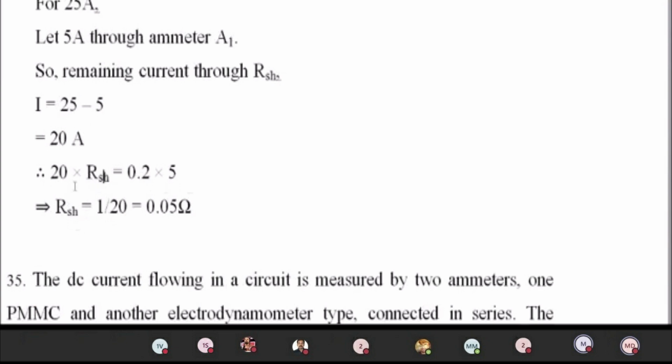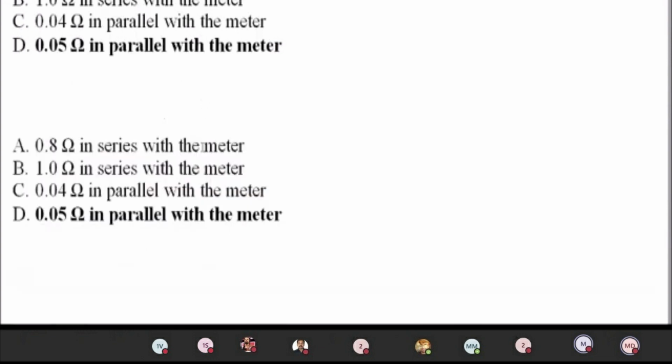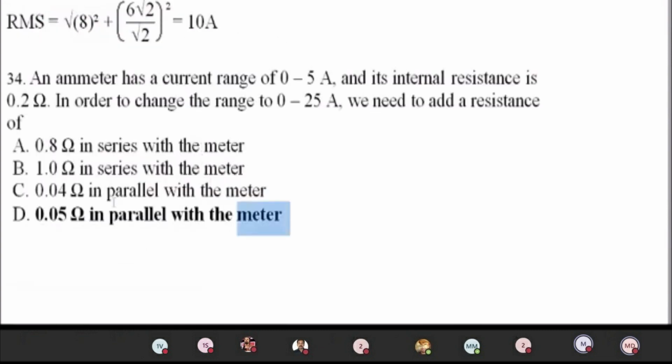Rsh is unknown, 20 we have just found out as I, and these two terms are given in the question itself. So Rsh is equal to 1 by 20, which is 0.05 ohms. Okay, the exact choice is 0.05 ohms in parallel with the meter.